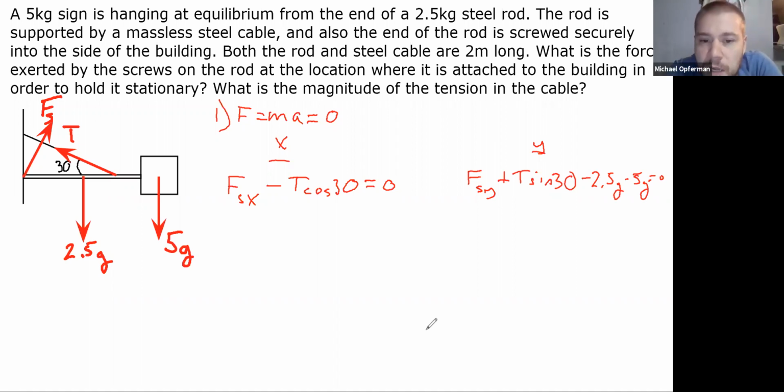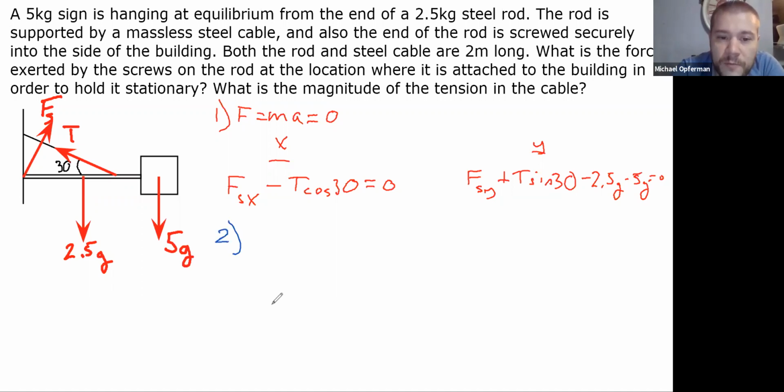Well, actually, maybe let's not get too carried away yet, because in these equations I've got 3 variables. Fsx is a variable, Fsy is a variable, and T is a variable. So I have 3 variables. I only have 2 equations. So I actually can't do much with this yet. I am going to need a 3rd equation so that I can have a system of 3 equations with 3 unknowns. That 3rd equation is going to come from my torque equation.